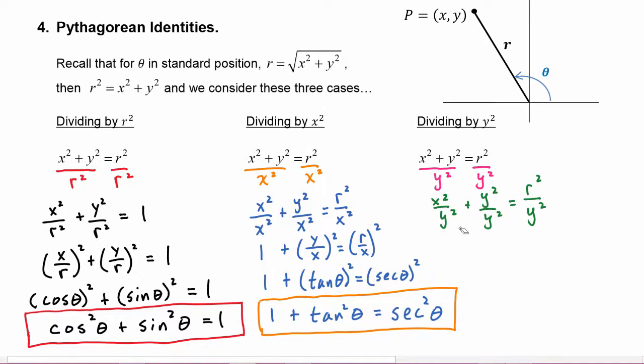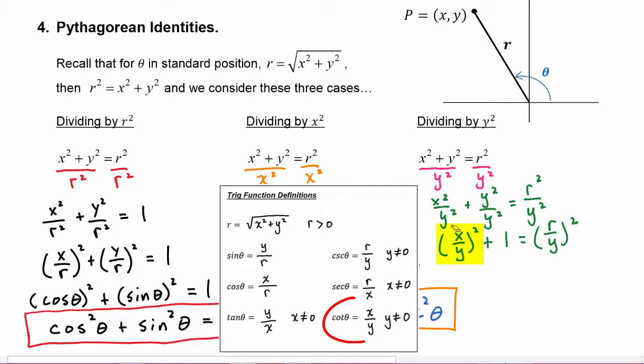We can write this first one as the quantity x over y squared, plus y squared over y squared reduces to 1, and this becomes the quantity r over y squared.